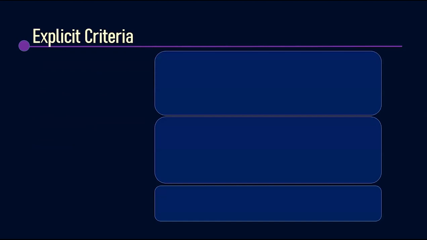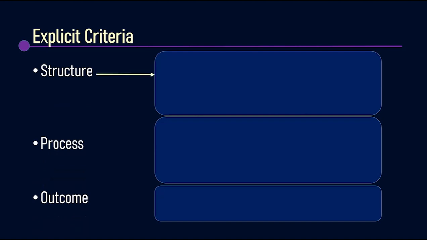So let's talk about the explicit criteria. This is one of the most important expressions in the definition. So we should know what explicit criteria are. The first one is about the structure, the second is about the process, and the third is about the outcome. So what are the things we look at in the structure part?